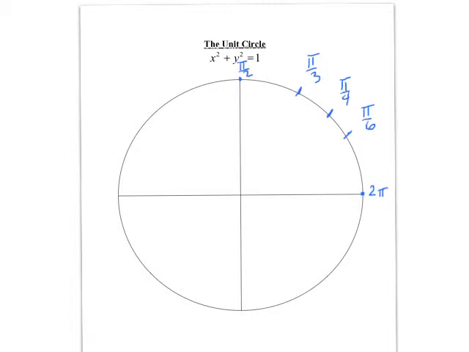Because if this length from here to here is root 2 over 2, that means the x-coordinate of this is root 2 over 2. And if I know from here to here is root 2 over 2, that means the y-coordinate is root 2 over 2. And I just figured out the coordinates of that point: root 2 over 2 comma root 2 over 2. Hopefully that makes some sense.